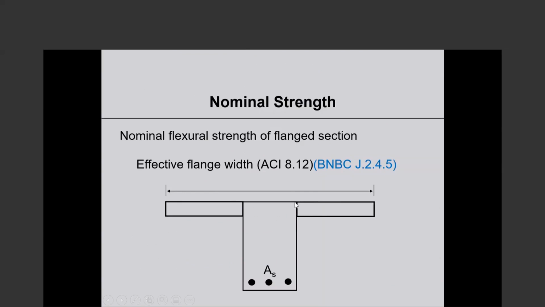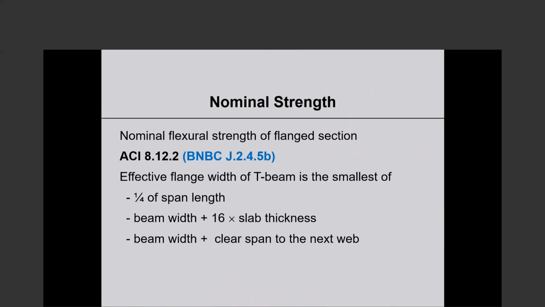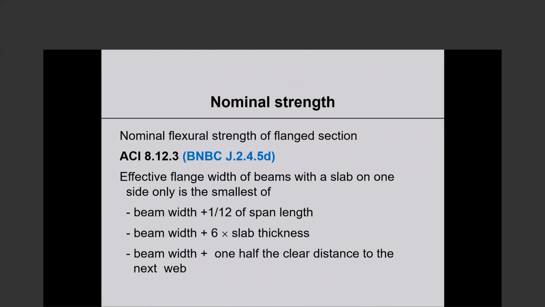So 4 meters would be part of the effective flange on one side. On the other side, if there is also another beam 8 meters away, we get an effective flange that is 4 meters. Okay, the 4 plus 4 add to 8, which is the clear distance to the next cross beam. So beam width plus clear span to the next web. I hope this is totally understandable.